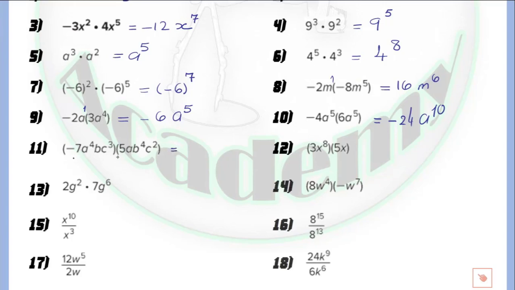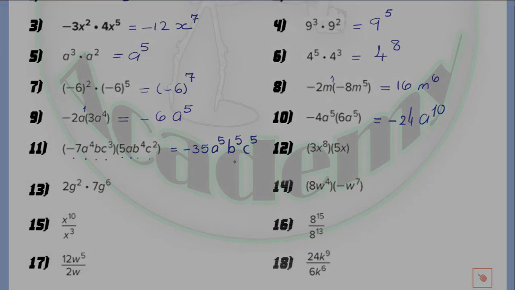At first, we multiply the numbers. Negative 7 times 5 equals negative 35. Now a power 4 times a, the answer will be a power 5. b times b power 4 will be b power 5. c power 3 times c power 2, the answer will be c to the power 5.